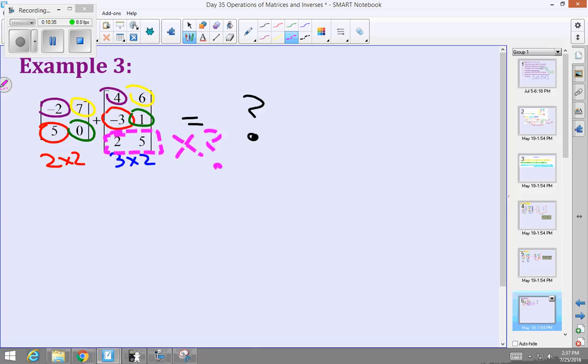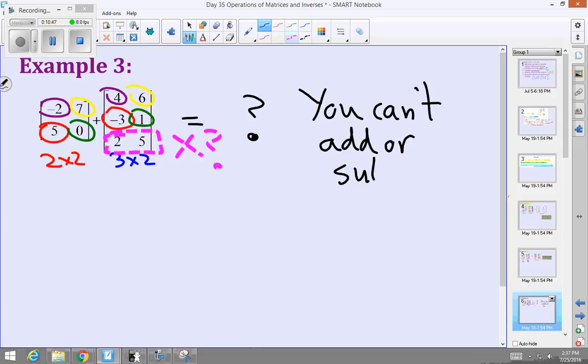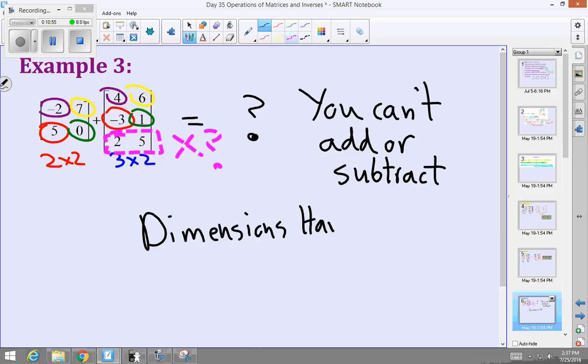I had purple to purple, yellow to yellow, red to red, green to green, but the others don't pair up. So what happens here is you can't add or subtract. Dimensions have to be the same.